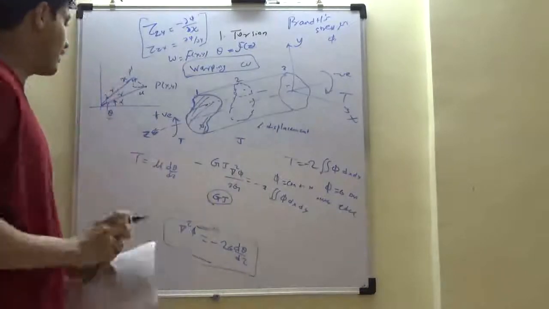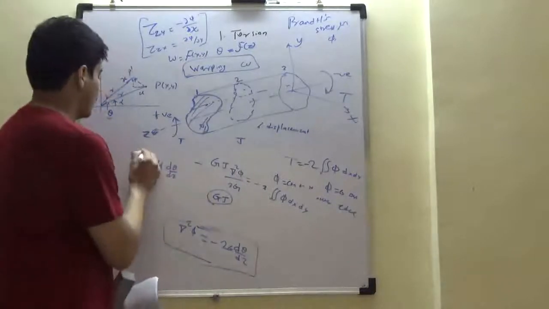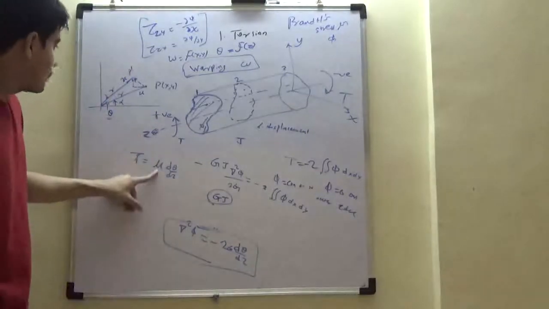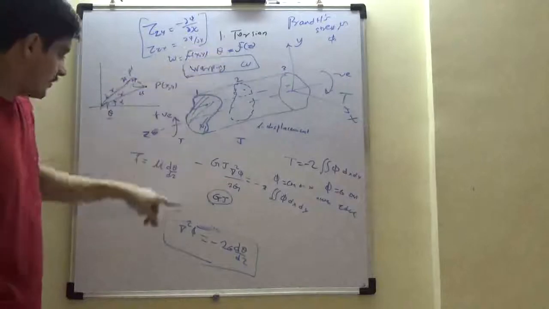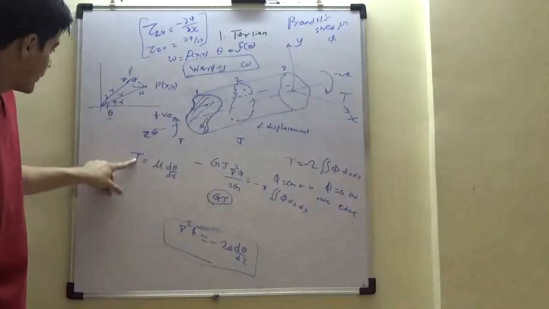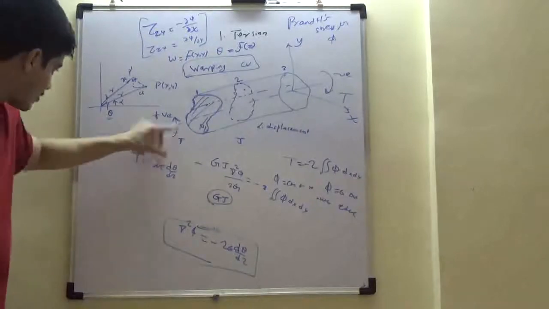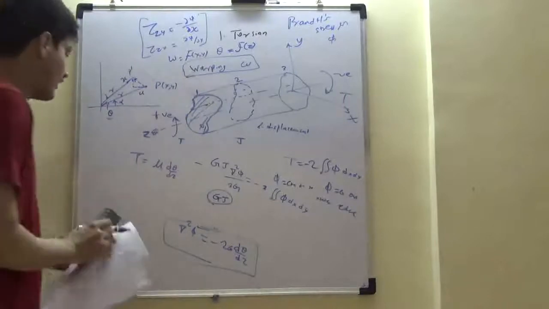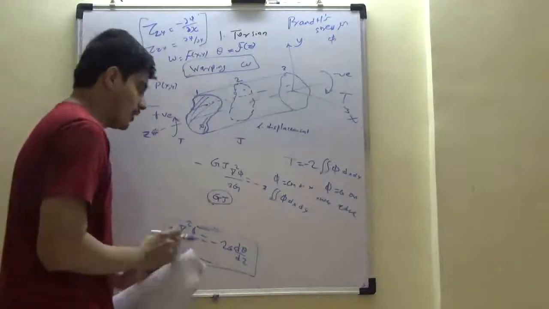Because theta is linear variation, so this is constant, producing me constant torque. That is the whole argument, right? One multiplier to this d theta by dz, which is constant, that's what we argued now. One multiplier which will restore me the torque, or based on the input torque, one multiplier that will give me d theta by dz, that is GJ. Just a notation.